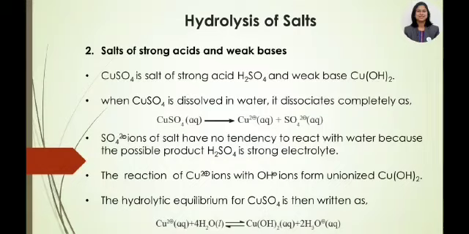The hydrolytic equilibrium for CuSO4 is then written as Cu2+ ions plus 4 H2O gives you Cu(OH)2 plus 2 H3O+ ions.